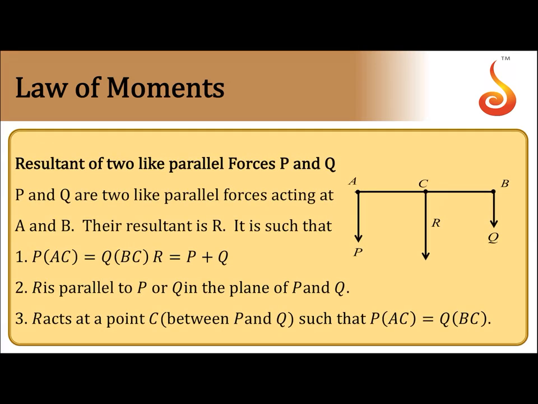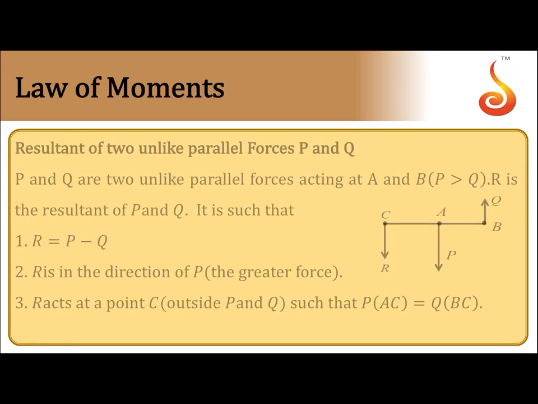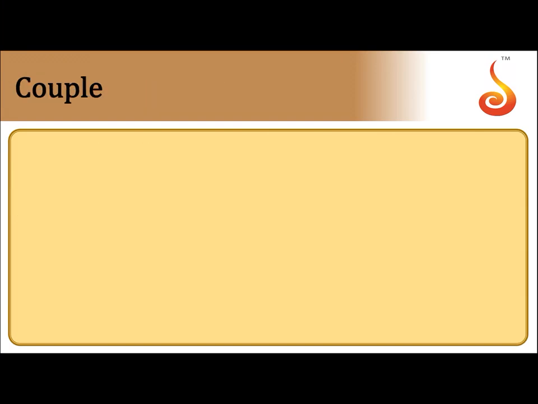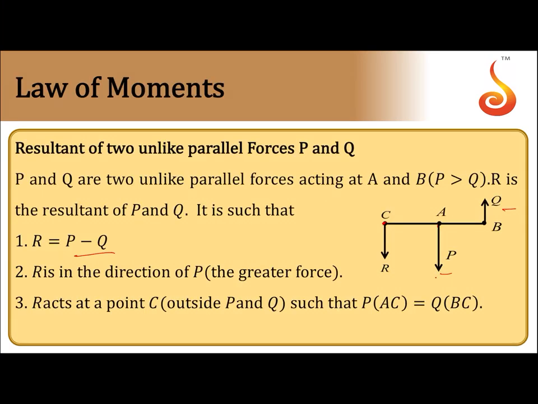The resultant of two like parallel forces P and Q will be P + Q. For unlike parallel forces, the resultant of P and Q will be P − Q, on the side of whichever is greater. If you take moments about a point C, the moment due to force P is P into AC, which should be equal to Q into AC, and then it will be in equilibrium.